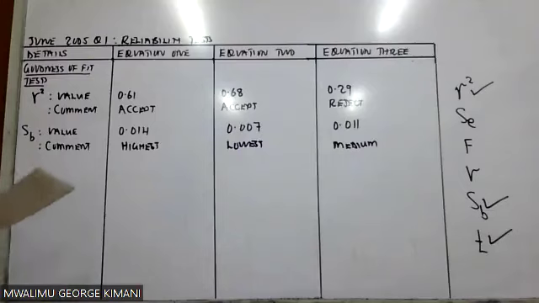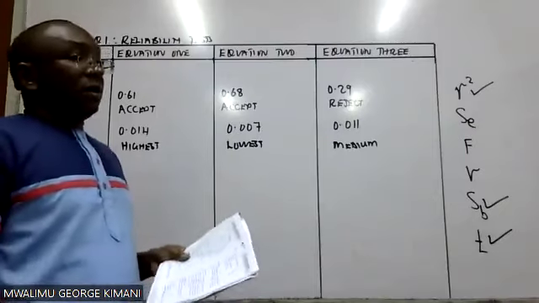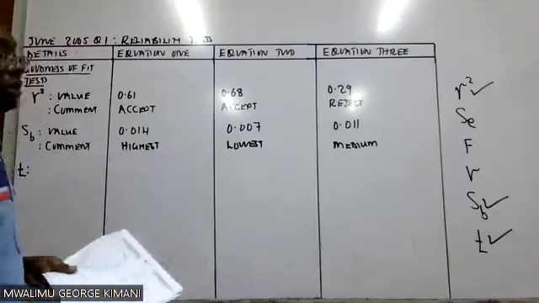From there we go to who? To T. Now we talked of T and we said there are two values that you need to compute.